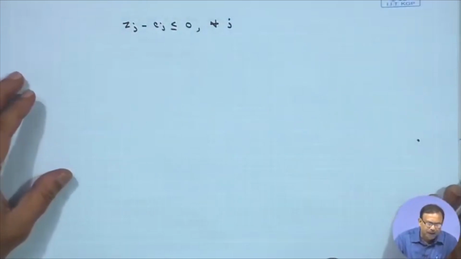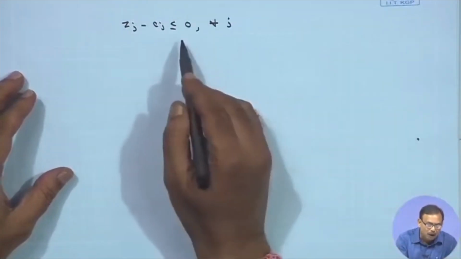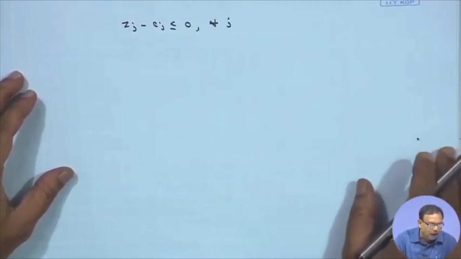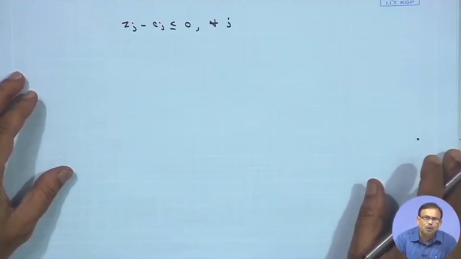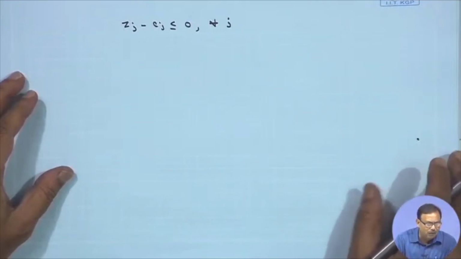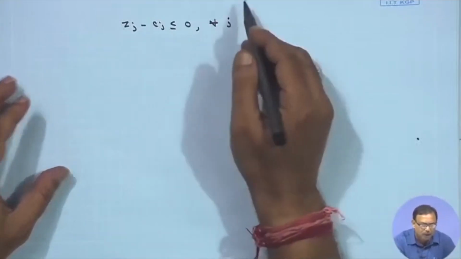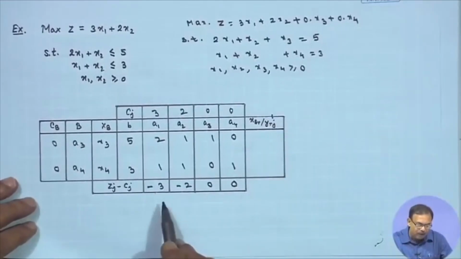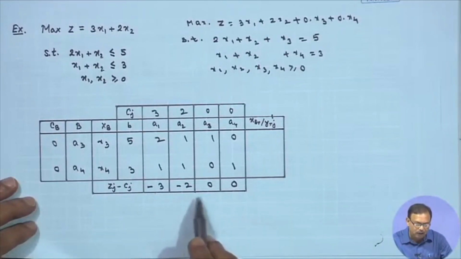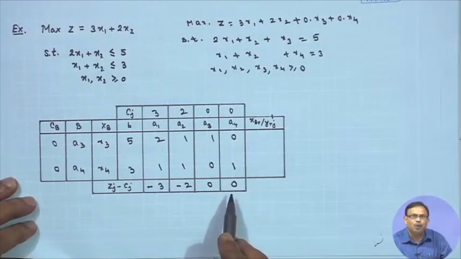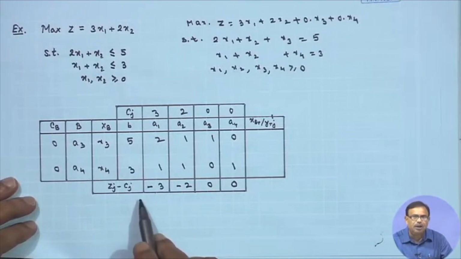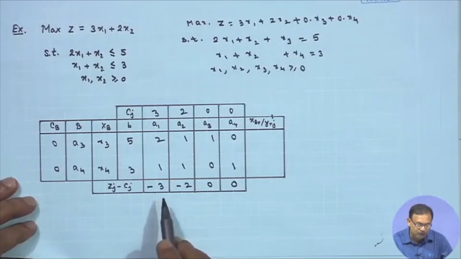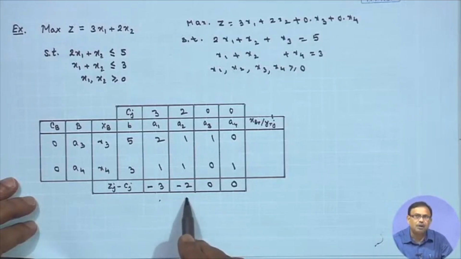Since it is not optimal, what do I have to do? I have to create a new constraint by adding one artificial constraint. So, how many variables do you have? x 1, x 2, x 3 and x 4. For which variables is z j minus c j less than 0? Only for x 1 and x 2.